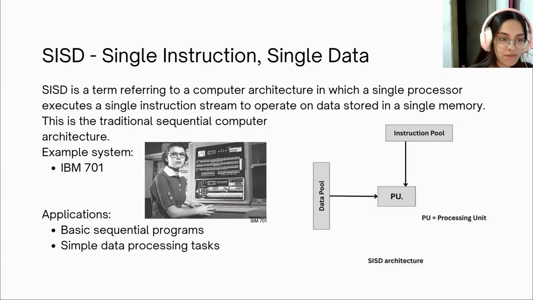So here we have no parallelism. An example is the IBM 701, which is this really old machine here, which was developed in the 1950s.